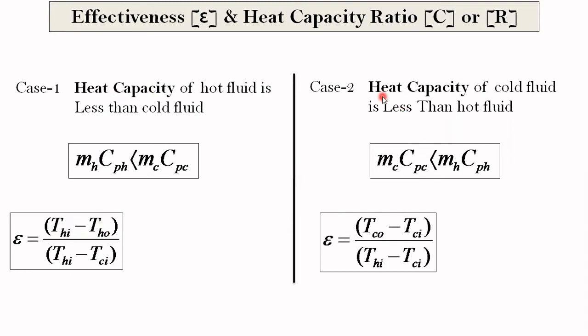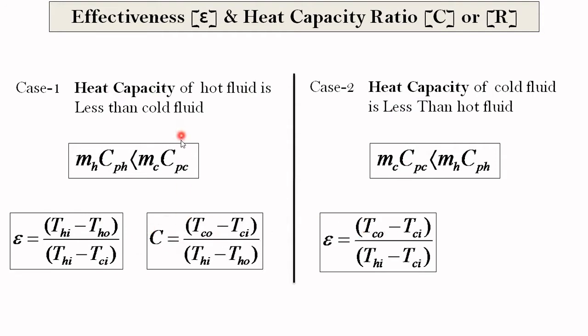In the same way for case number 2, always write THI minus TCI in the denominator. Here the heat capacity for the cold fluid is less, so write the temperature difference for the cold fluid. In the case of heat capacity ratio, write in the denominator the temperature difference for the fluid whose heat capacity is less.